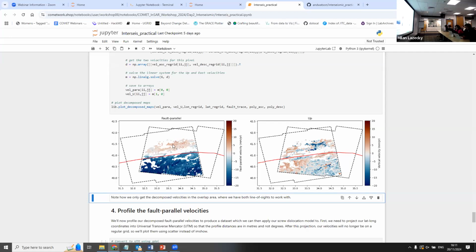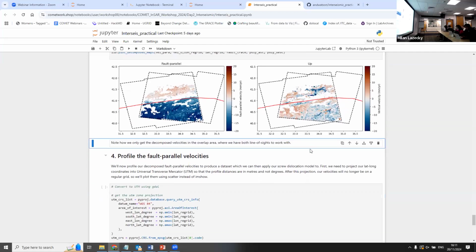So it means that the North Anatolian fault is definitely a strike-slip fault. But in the vertical components, you can't see the different pattern at two sides of the fault. So it means that the thrust motion along this fault is not very obvious. Okay.